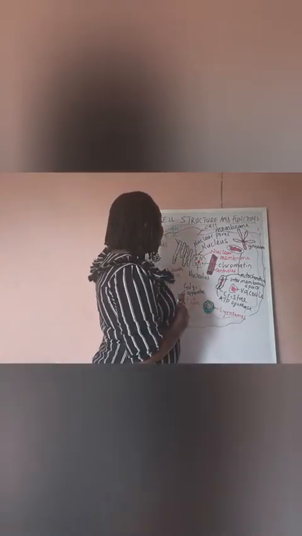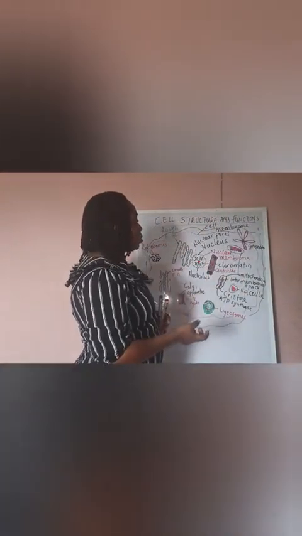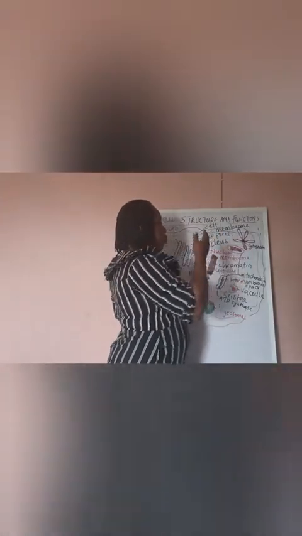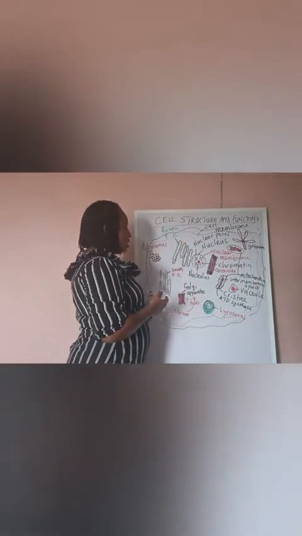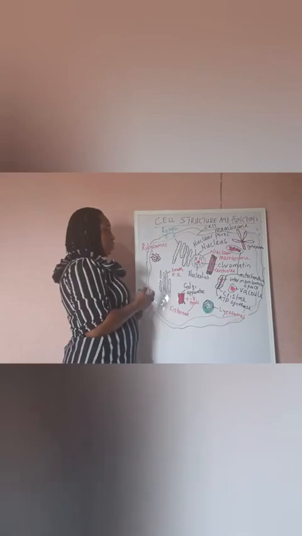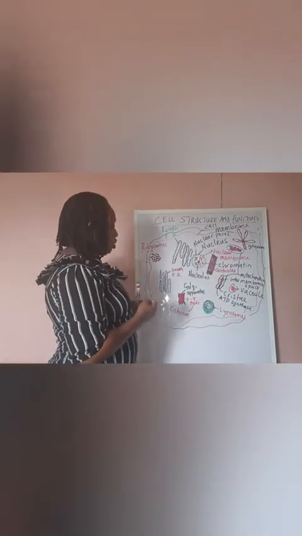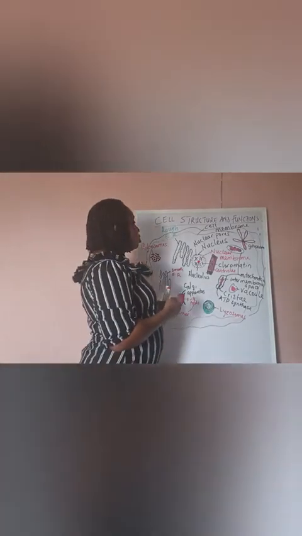From there we have the cytoskeleton. The cytoskeleton is made of fibers that give support and shape to the cell. So they are responsible for giving shape to the cell.